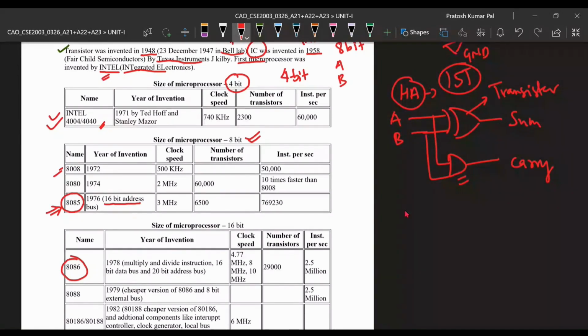That means if a memory is there, each slot of the memory will be storing 8 bits. But the address that is going to locate this 8-bit data will be of 16 bit. The address will be of 16 bit, and at that particular address location the data will be of 8 bit.